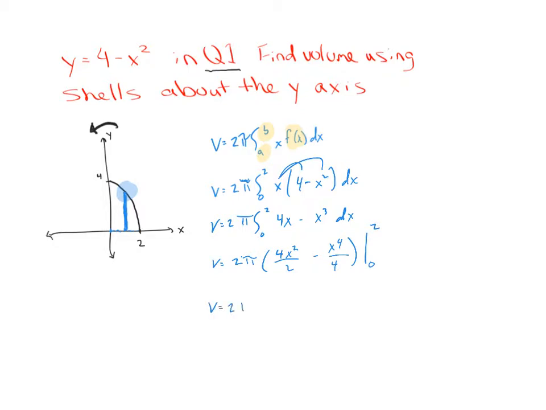V equals 2 pi, parentheses. Top bound, plug in my 2. That 4 divided by 2 is just 2x squared, so 2 times 2 squared minus 2 to the fourth over 4 for the top bound. And then the bottom bound, double check quick, still gives you 0.